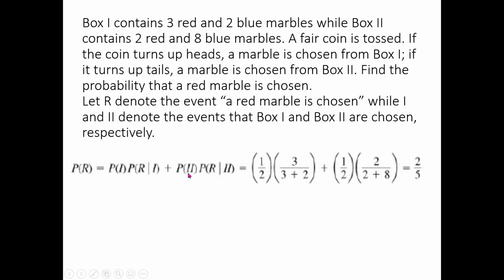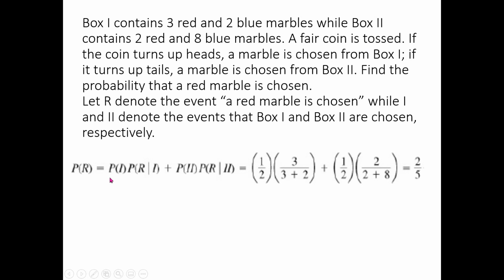Then the second possibility is that the second box is chosen and then a red marble is drawn from the second box. You can see that the likelihood of selection of the box is dependent upon tossing a coin. Since the coin is fair, the probability of either of the 2 boxes is 1 by 2.